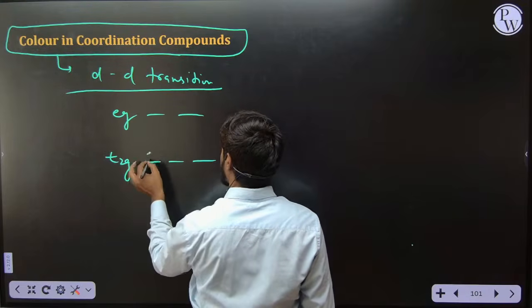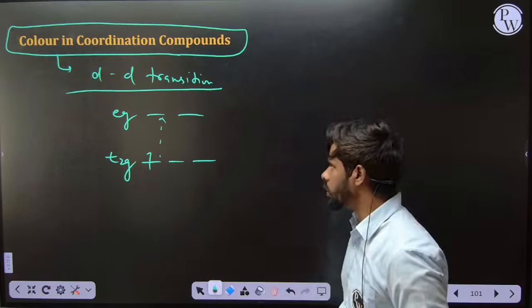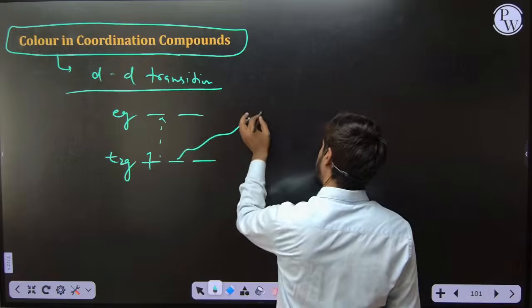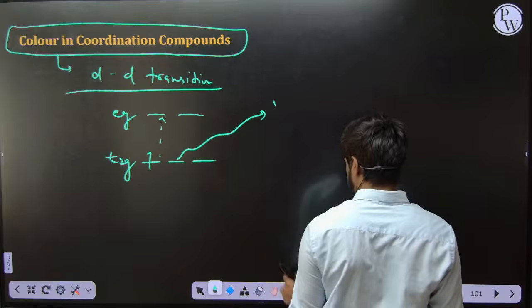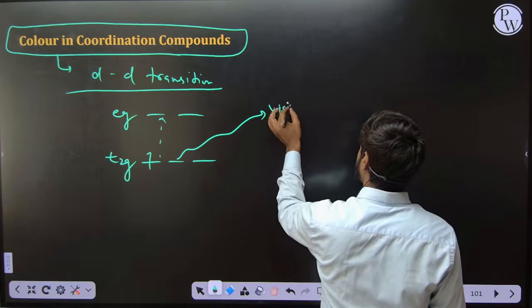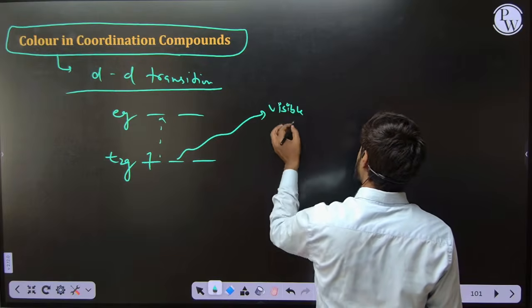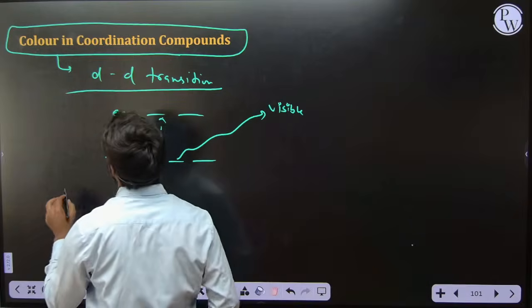If electrons are getting transferred from t2g to eg, there is energy absorbed, and if it lies in the visible range, then light will be colored, color will be observed.